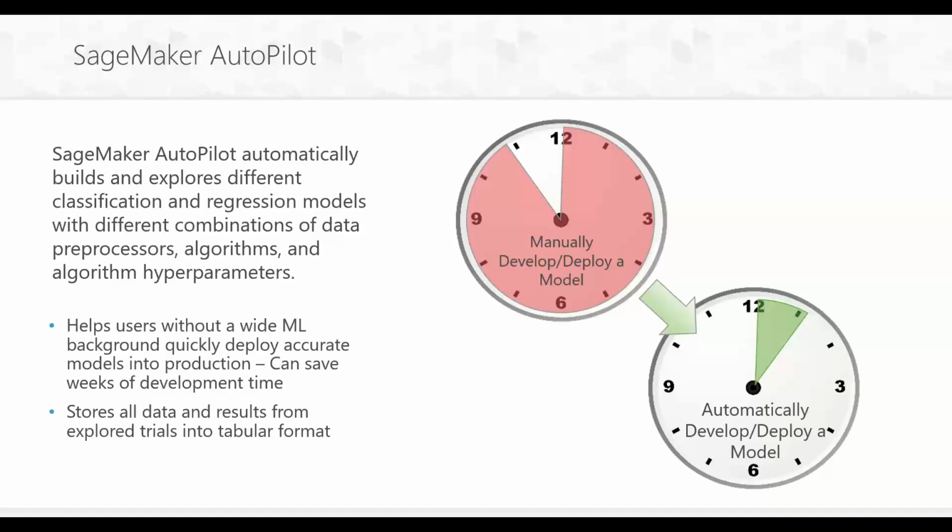And like I mentioned previously, this feature might take 20 to 30 minutes to complete, but this will save weeks of development time for your typical data scientist. I highly recommend using this feature, especially for the newer data scientists using Amazon SageMaker for the first time. So now I will show you a quick live demo of these features in action.